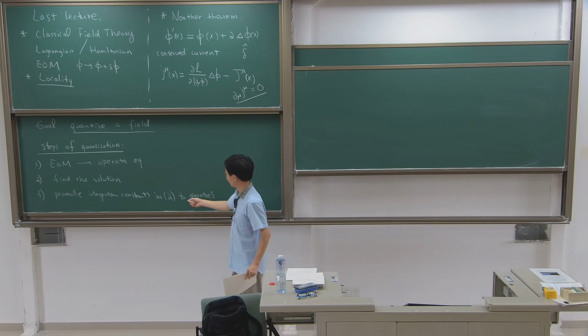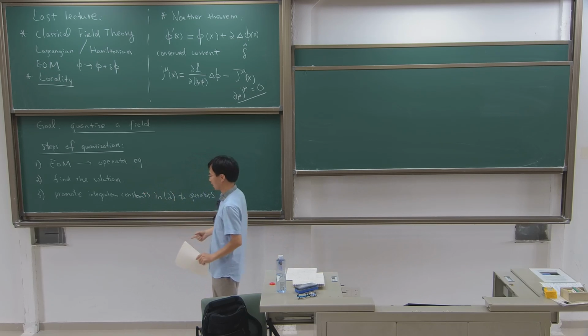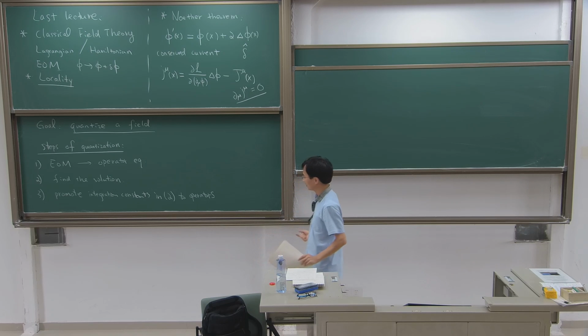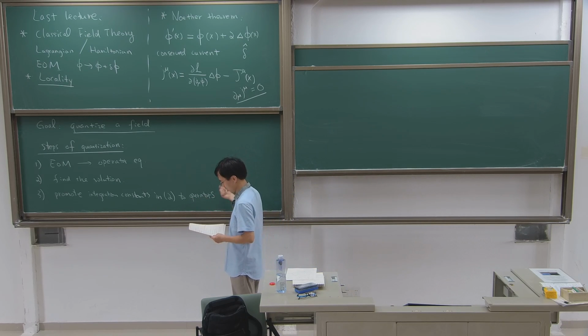Then you get the full information about how the operators work. Because in the solution, you see what are the operators and what are the other parameters, and you can see how the operators will change as time goes by.